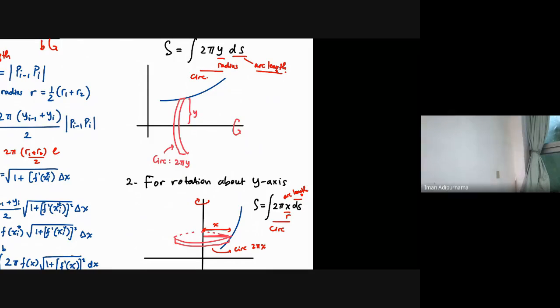You can have the 2 pi x or 2 pi y. It depends on the rotation, whether it is like this one or about the y-axis. Okay. Any questions?